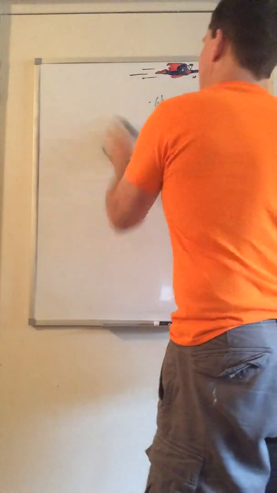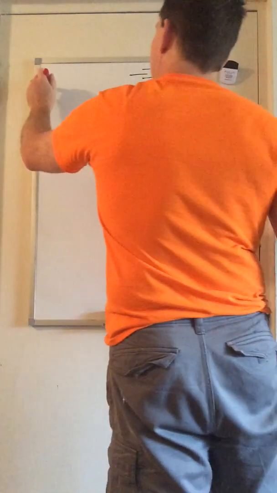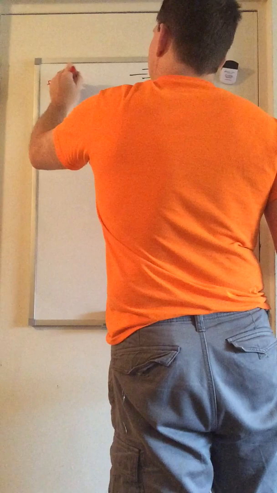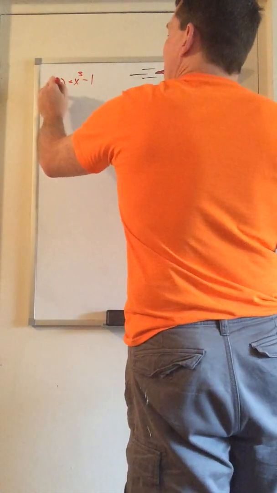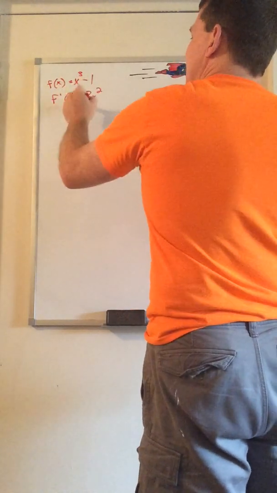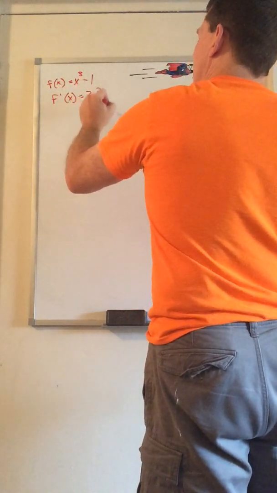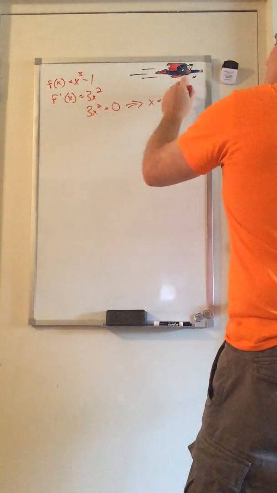So really quickly, because we only have a couple of minutes left, suppose I have f of x equals x cubed minus 1. Well, we know I'm going to take the derivative, that's 3x squared, set it to 0, which will give me x equals 0.